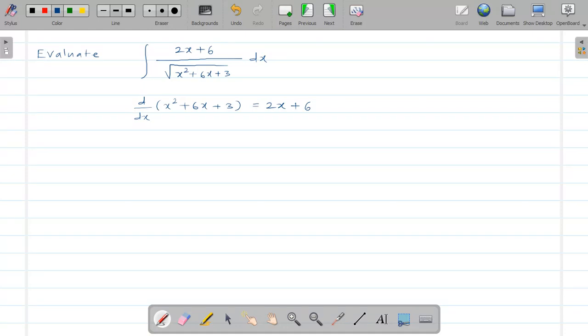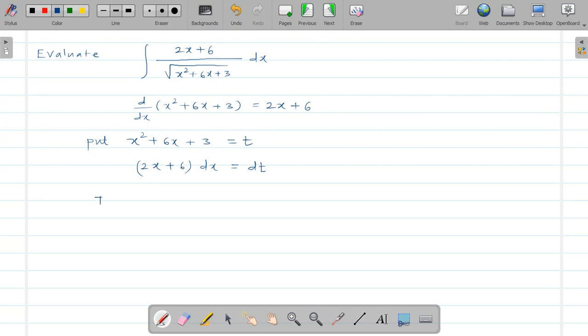So to solve this, we will put x square plus 6x plus 3 is equal to t. Now taking the derivative on both sides, we get 2x plus 6 dx is equal to dt. So after substitution we have to differentiate, and we get 2x plus 6 dx is equal to dt.